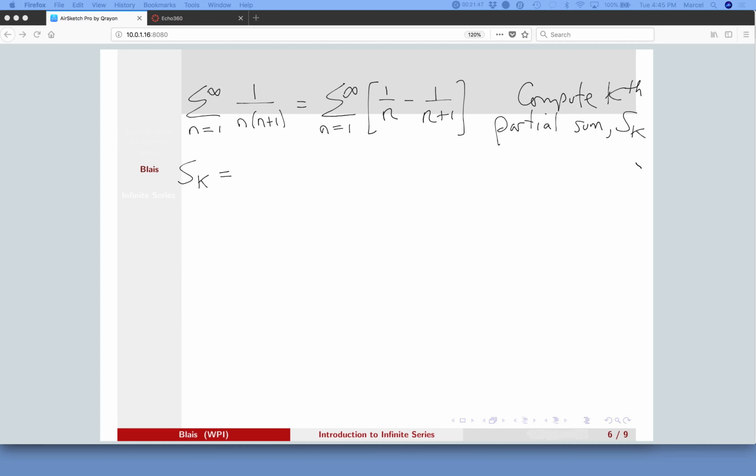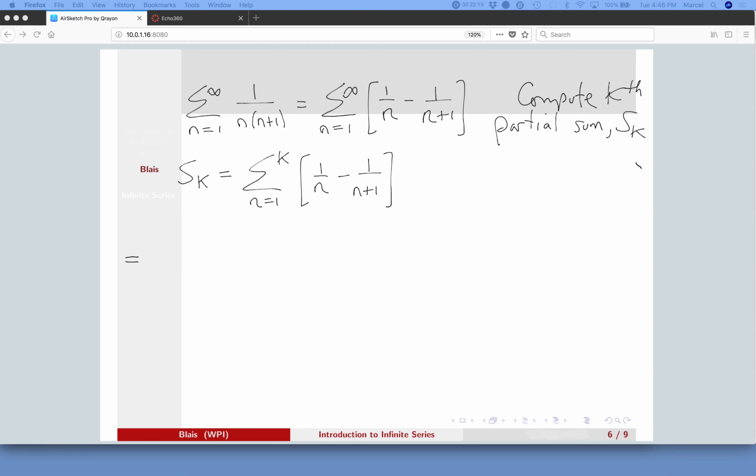So Sk is the sum n goes from 1 to k of 1 over n minus 1 over n plus 1. And we're actually going to flesh this out by writing the first several terms and the last several terms. So let's write this.